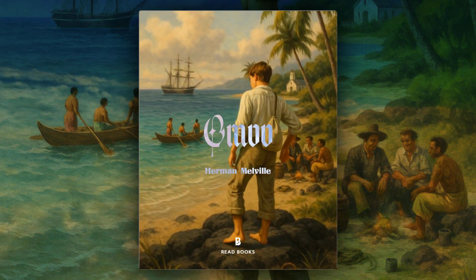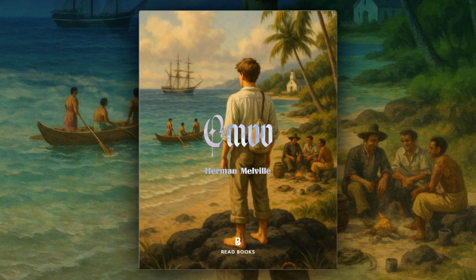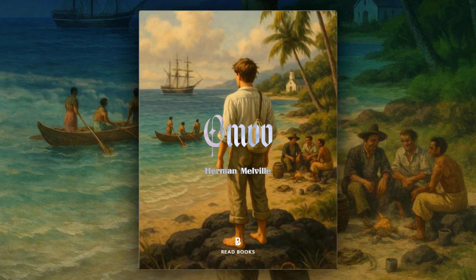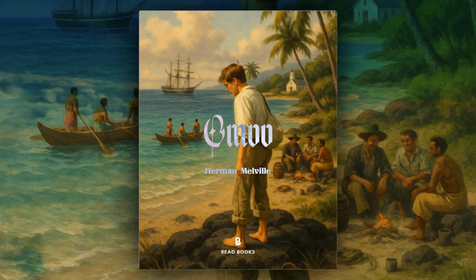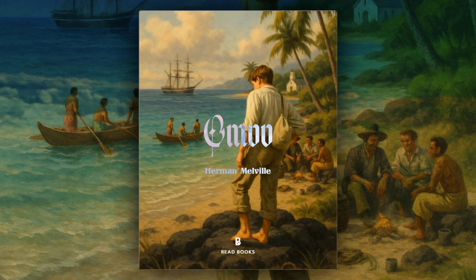Ultimately, Omoo is a rich exploration of identity, the struggles of freedom, and the consequences of cultural collisions. Tommo's journey is a microcosm of larger societal discussions occurring during Melville's time, making the tale as compelling as it is timeless.